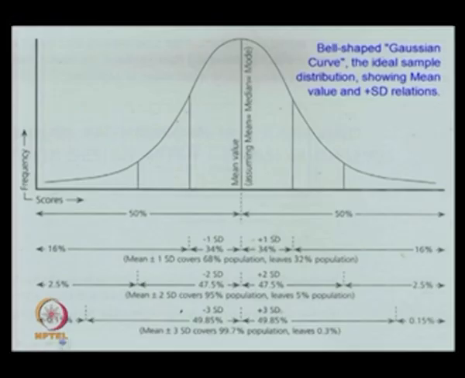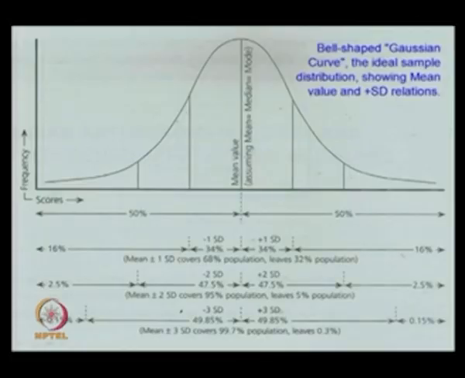Now, the standard deviation and skewness. These standard deviation diagrams are given in any statistical book or reference book. So, this is the bell shaped curve, the Gaussian curve, the ideal sample distribution showing mean values and plus minus SD relationships.